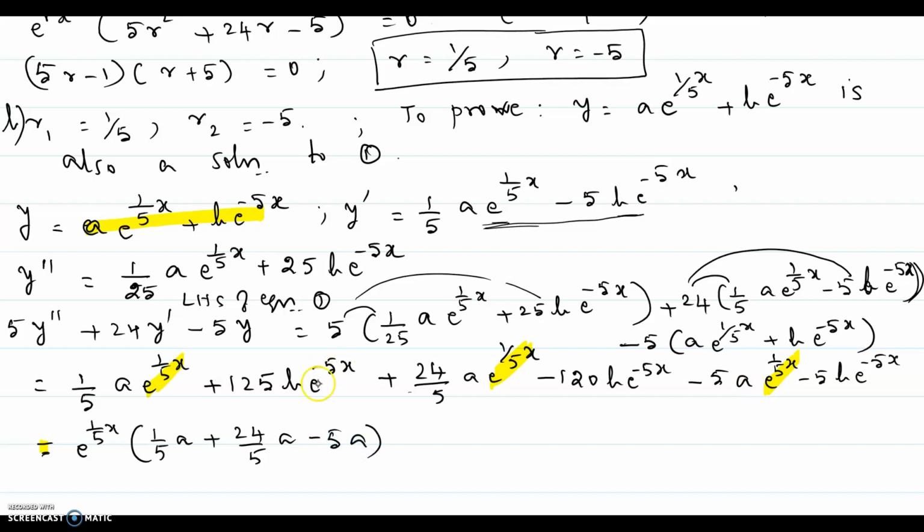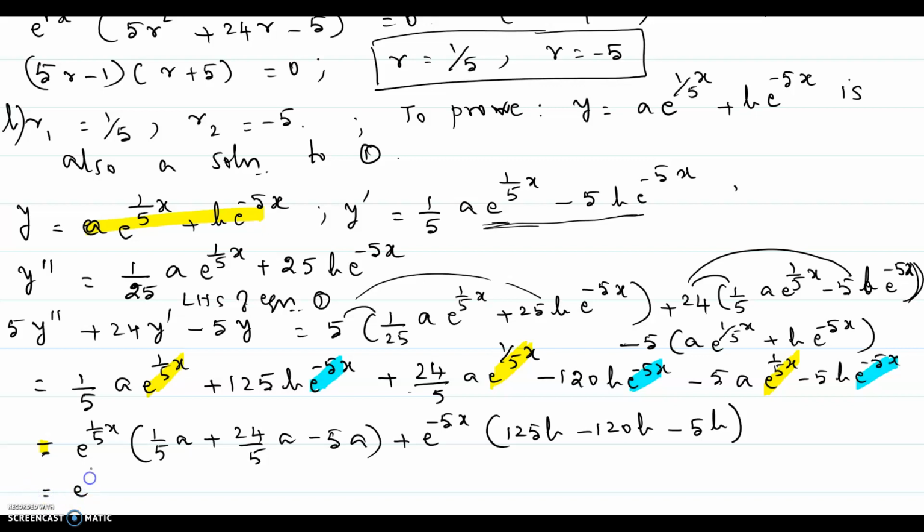In the same way we collect all the e to the negative 5x terms, so we are left with 125b minus 120b minus 5b.